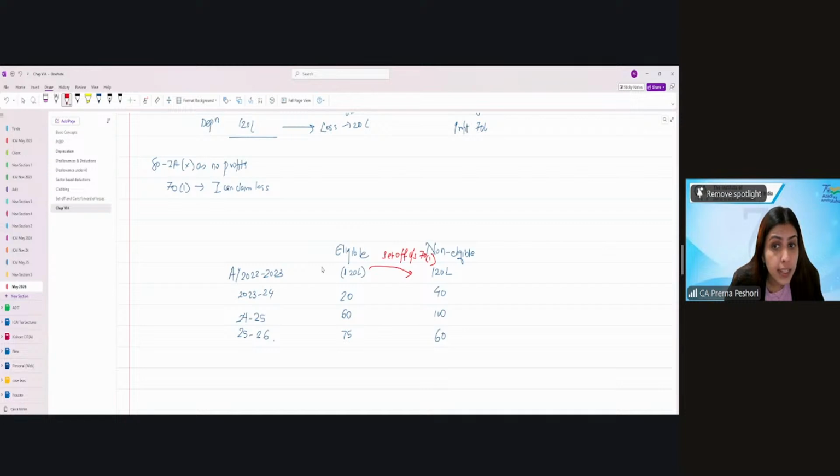Will it be 20 lakh? Yes, ma'am. Why? Because we have set off the loss in the assessment year 22-23. So there won't be any carry forward of the losses there. Read what ICAI 5 says again.